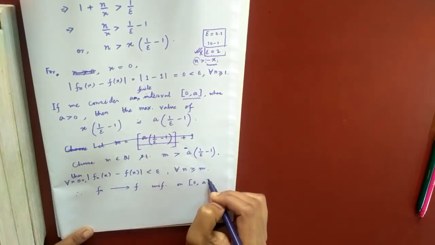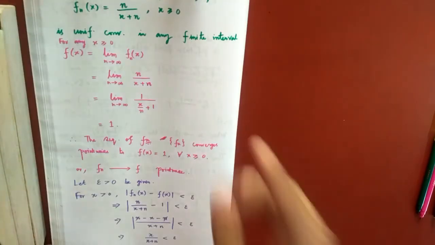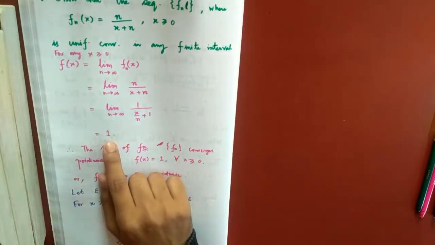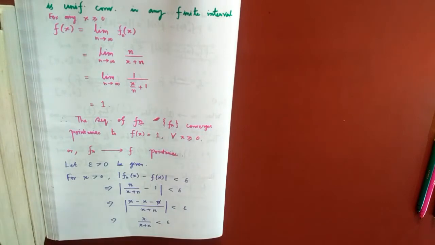Again I'll explain it to you, don't worry, but you first copy this down and I'll give you a quick recapitulation of what I did here. Firstly, I calculated the pointwise limit. The pointwise limit is 1. So that's all.